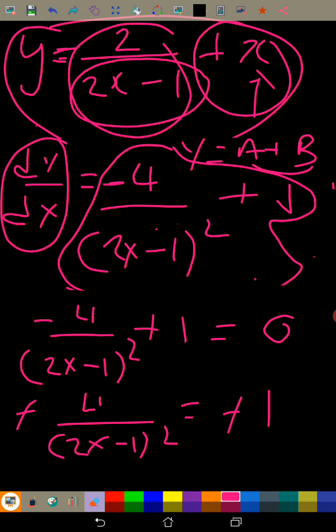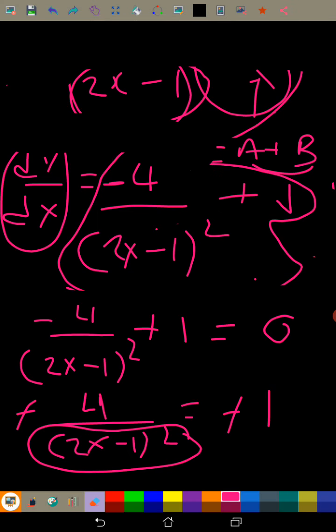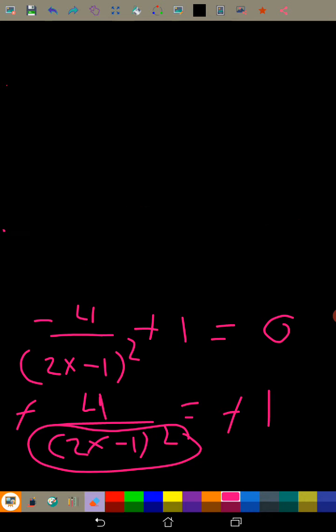We multiply by minus 1 on both sides, and now if we multiply by this on both sides, we will get something very interesting. We'll get 4 is equal to (2x minus 1) to the power of 2. And this is mathematically correct.